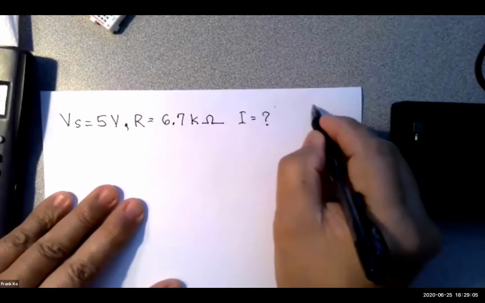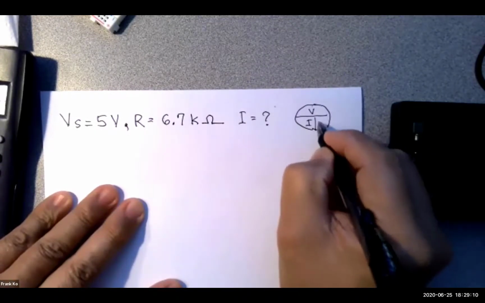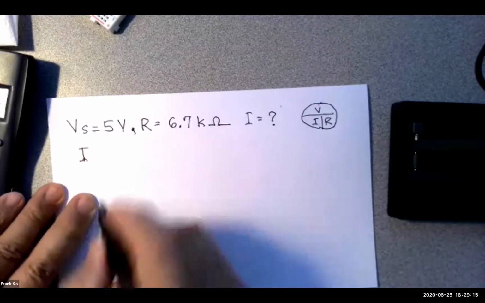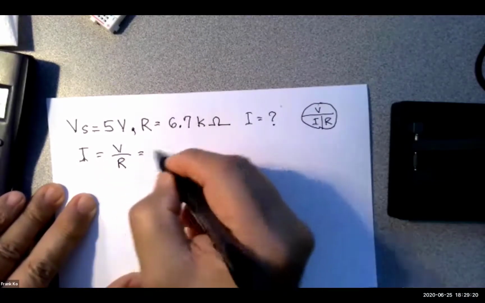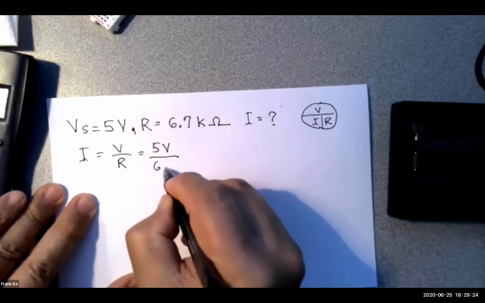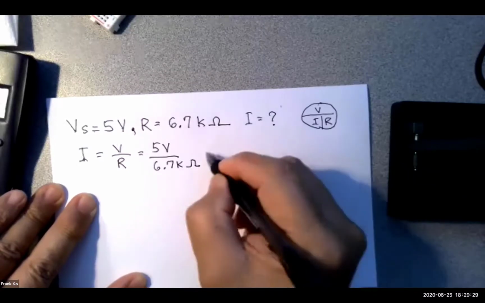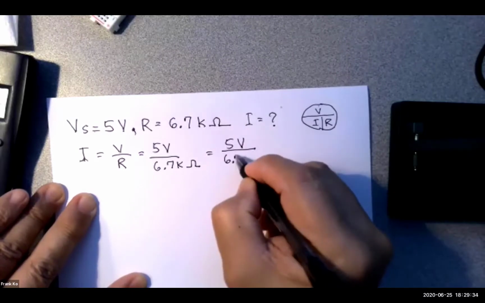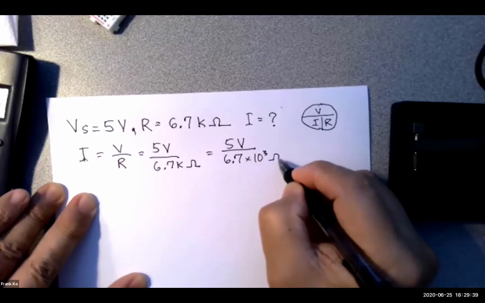So according to our friend Ohm's law, with V, I, and R, the I calculates to be equal to V divided by R. This is equal to 5 volts divided by 6.7 kilo ohms, which is equal to 5 volts divided by 6.7 times 10 to the power of 3 ohms.